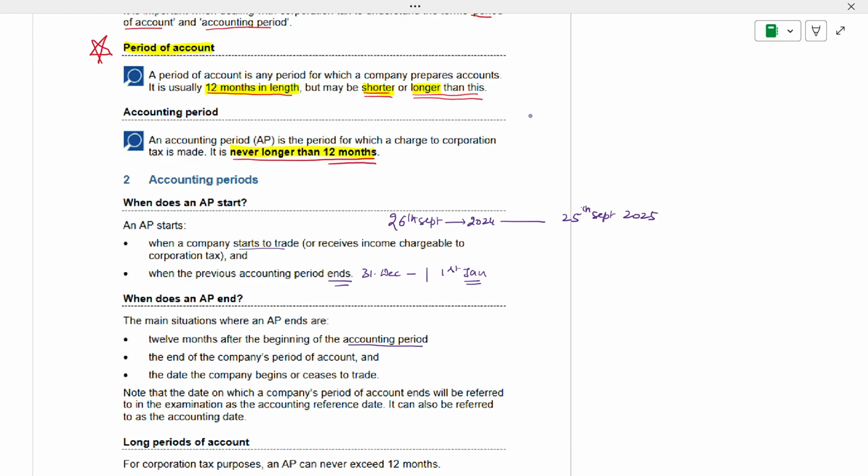Now, 26 September you have started. The tax year will end on 5th of April. You have the option: either you complete this one from 26 September to 5th April, close it, and start a completely new one, or you don't do that, you take this and you complete on 5th of April 2026.